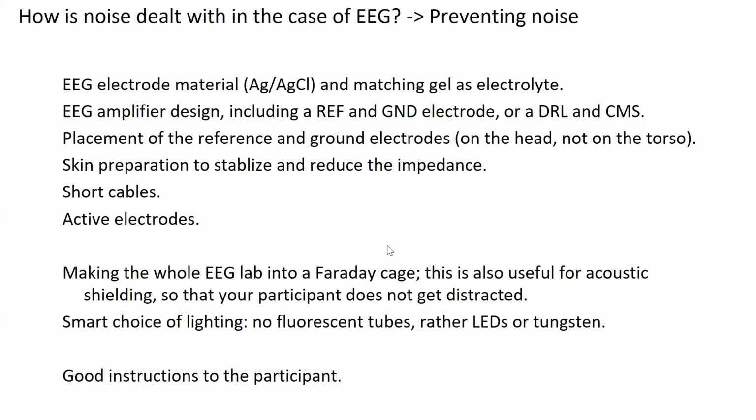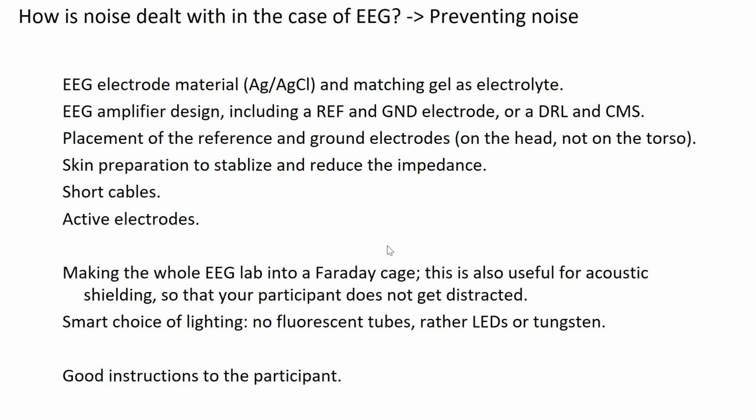Preventing noise during the recording, in the case of EEG, is done by a smart choice of the electrode material. We typically use silver chloride electrodes and a matching electrolyte gel to make the recording stable. We have very smart EEG amplifier designs, including a reference and a ground electrode, or a driven right leg and a common sense.